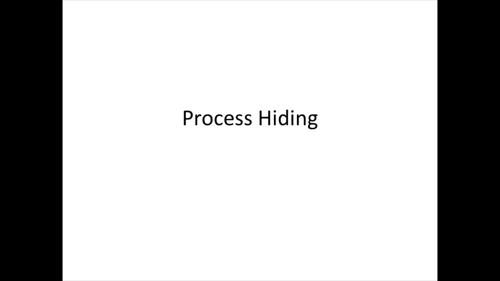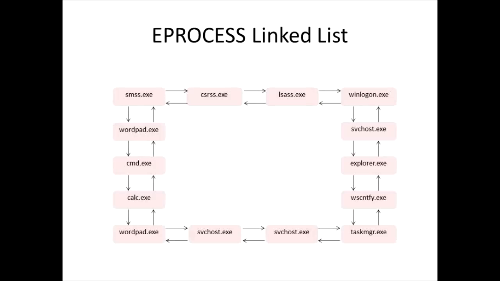One of the most common data structures for these DKOM style rootkits to manipulate is the linked list of EPROCESS structures that make up the process list in memory.